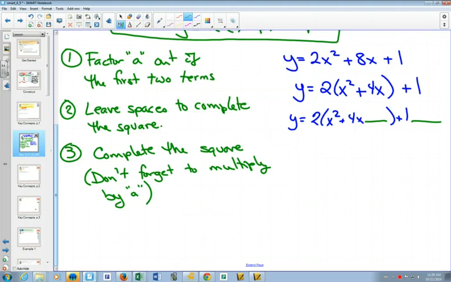Next thing we're going to do is we're going to complete the square. And I have a little note in here not to forget to multiply by a. And I'll show you what that means. Because right now, with these spaces, if I just add something to one of the spaces, I no longer have an equation that's equal, because we know that what we do to one side of the equation, we have to do to the other side of the equation.